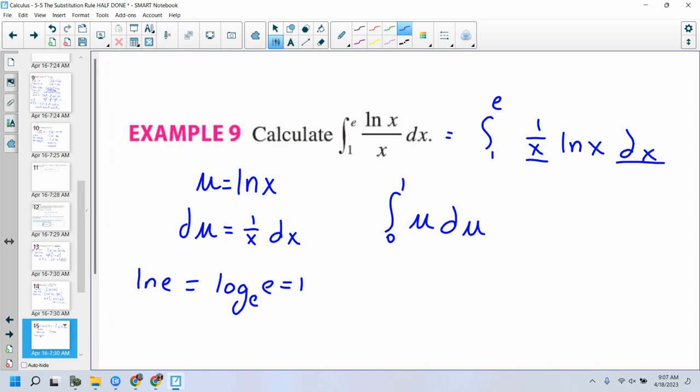Oh, that's cool. From 0 to 1 of u du. Well, that would be u squared over 2 from 0 to 1. So 1/2 minus 0 over 2, so 0, so 1/2. That's pretty cool. That was a slick one.